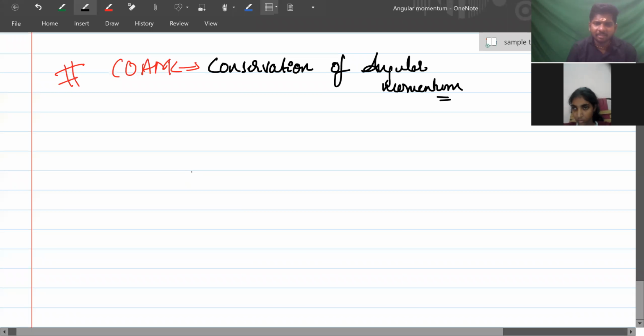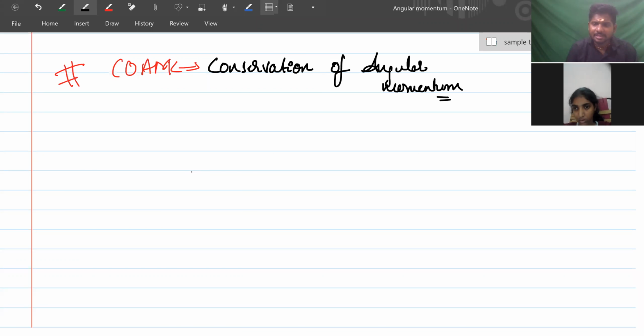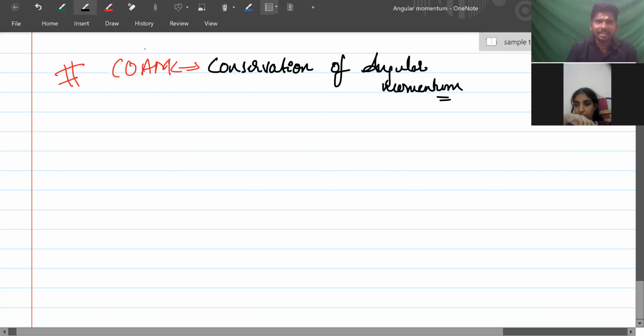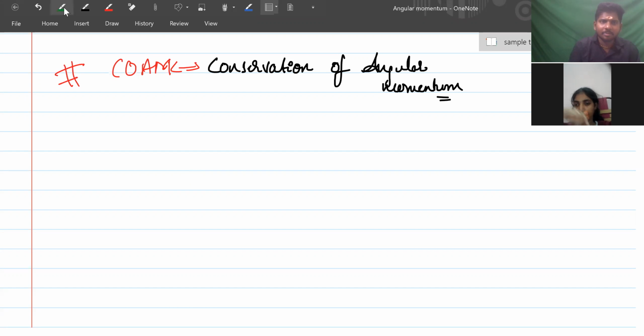We have seen conservation of linear momentum, right? Similarly, this is also so important. Conservation of angular momentum: how will angular momentum be conserved?